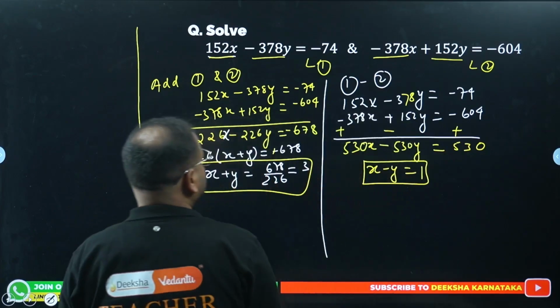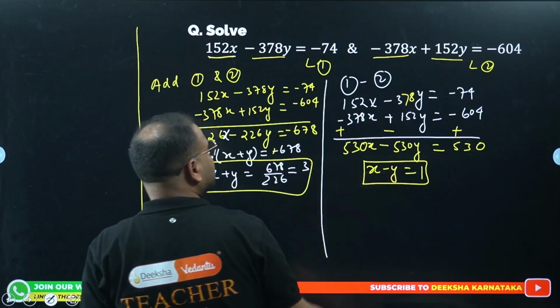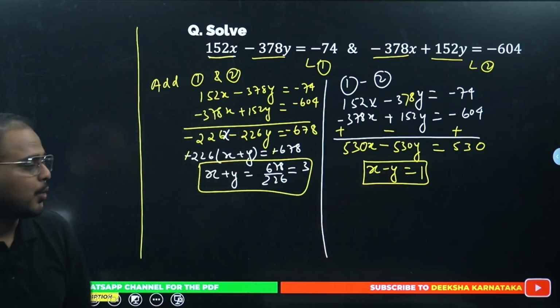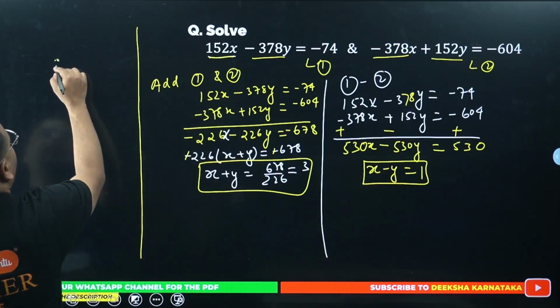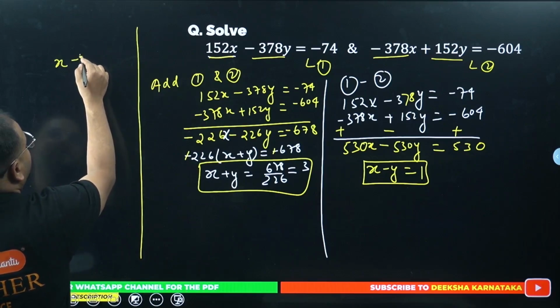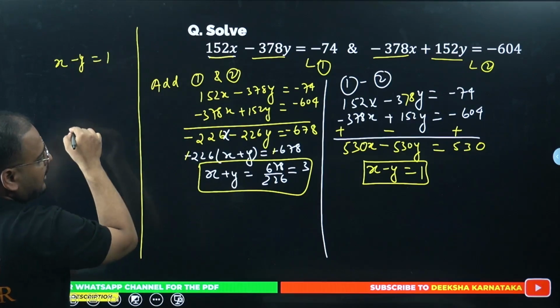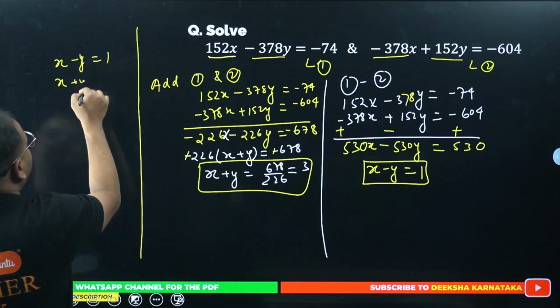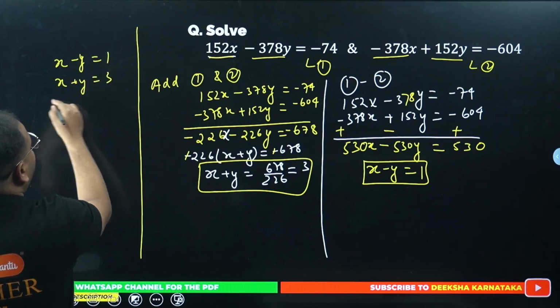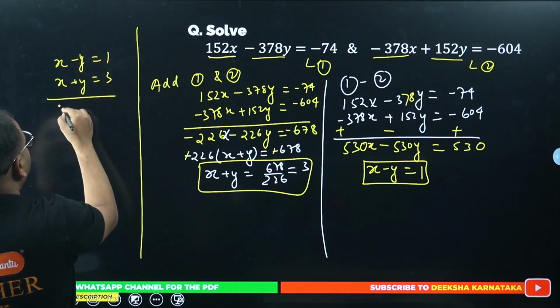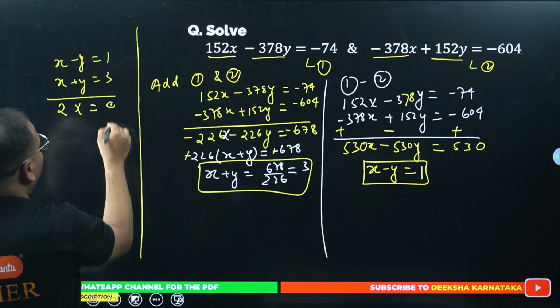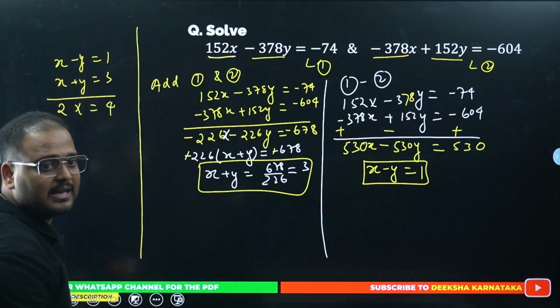I have two equations now, x plus y equal to 3, x minus y equal to 1. Let's solve them quickly. Add them, it will become 2x equals 4. How? Minus y plus y will get cancelled.